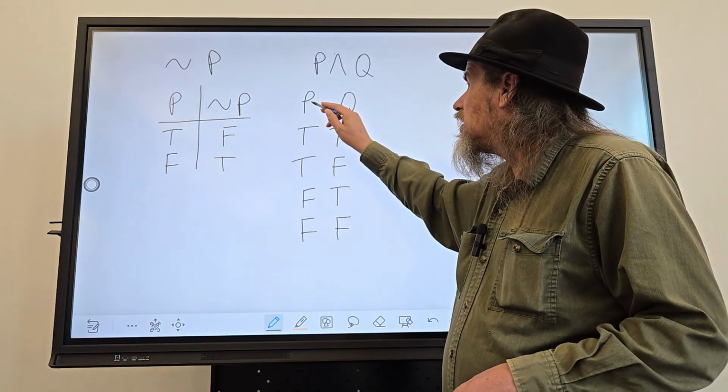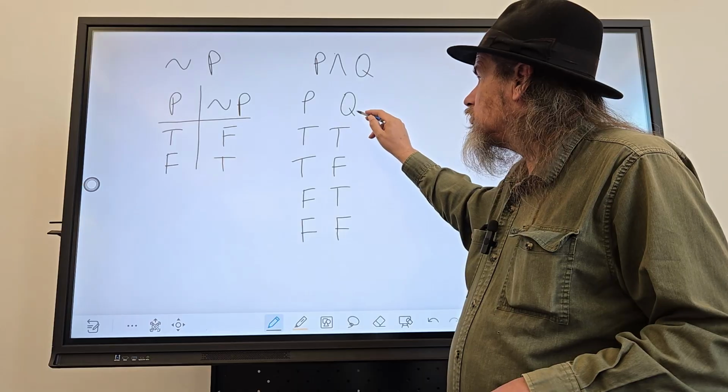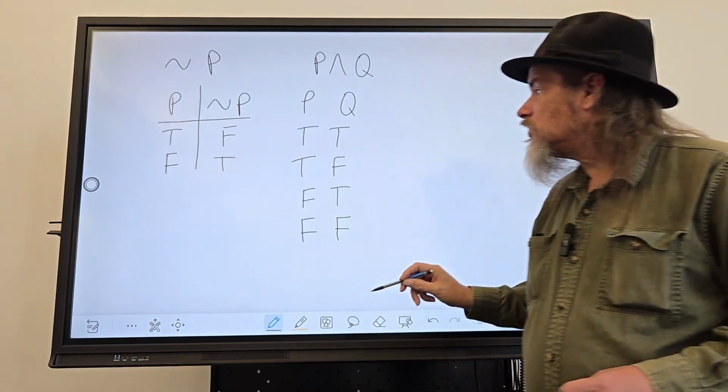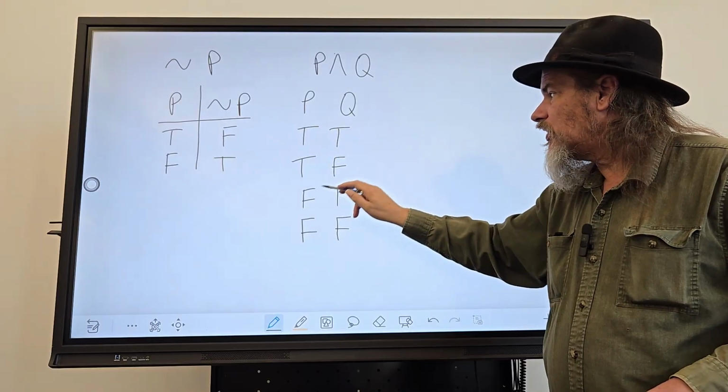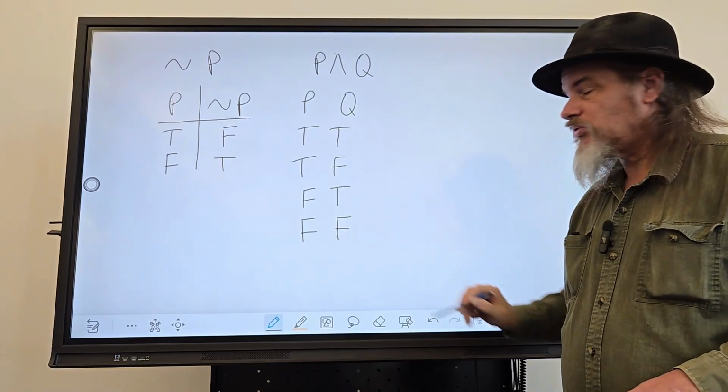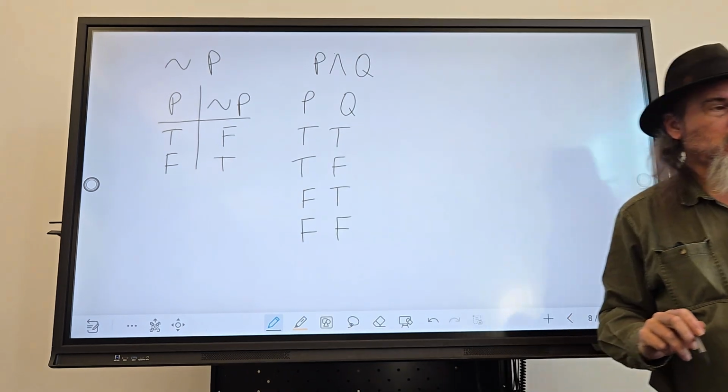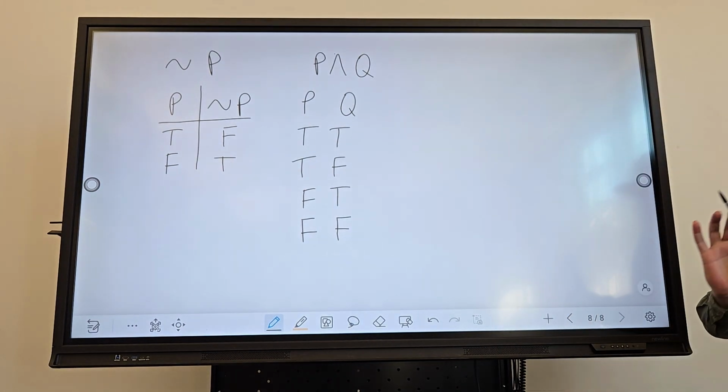Likewise, with two variables, you have four possible combinations: true true, true false, false true, false false. That's all the possible combinations.